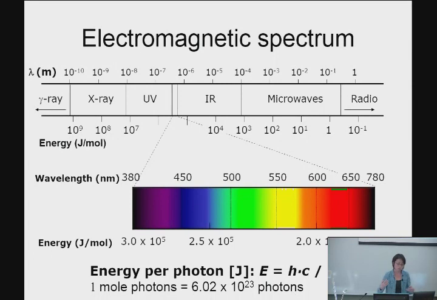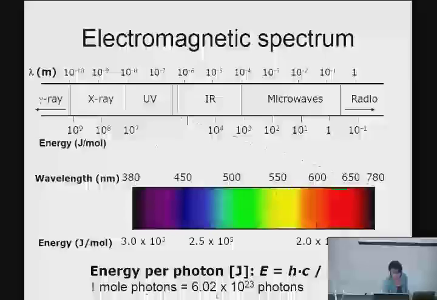So by the upper equation and then this number of photons per mole, you get the energy level per mole.